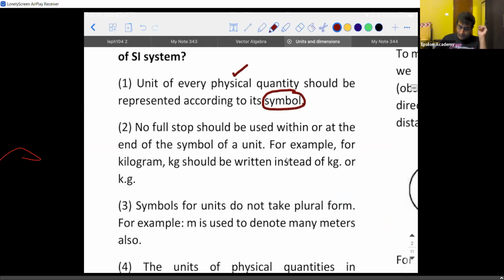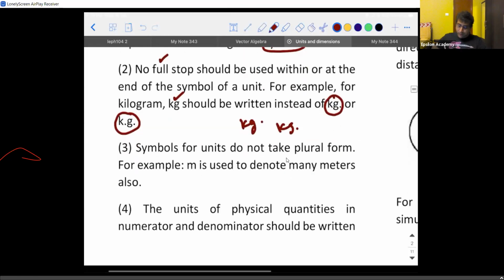Second important point, you should not use full stop within or at the end of the symbol. For example, kilogram should be written as kg. You should not write it as kg with a dot or k dot g dot. Even if it comes at the end of the sentence, after kg, you leave some space and put a dot. The dot will not be closer to it.